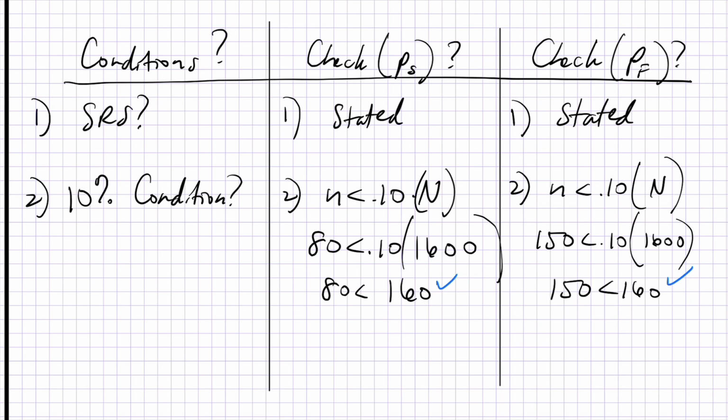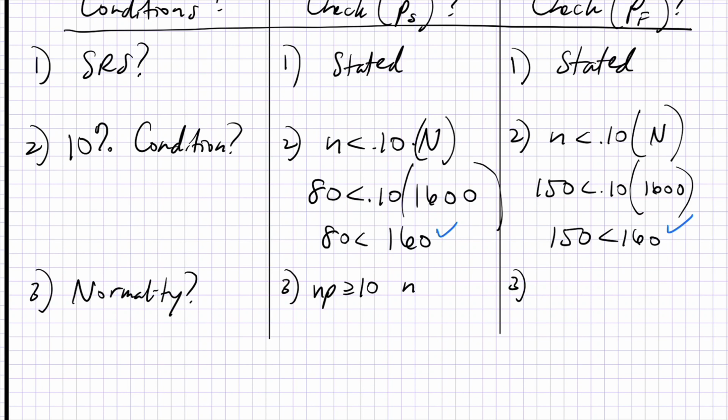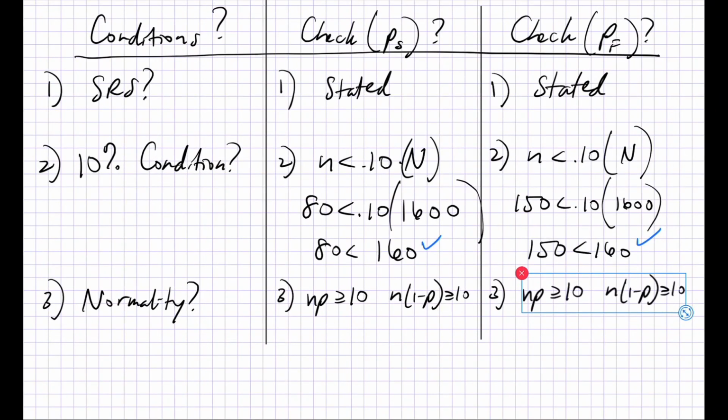Okay, last one is normality. So we have np greater than or equal to 10 and n times 1 minus p greater than or equal to 10. Okay, so let's see, n.